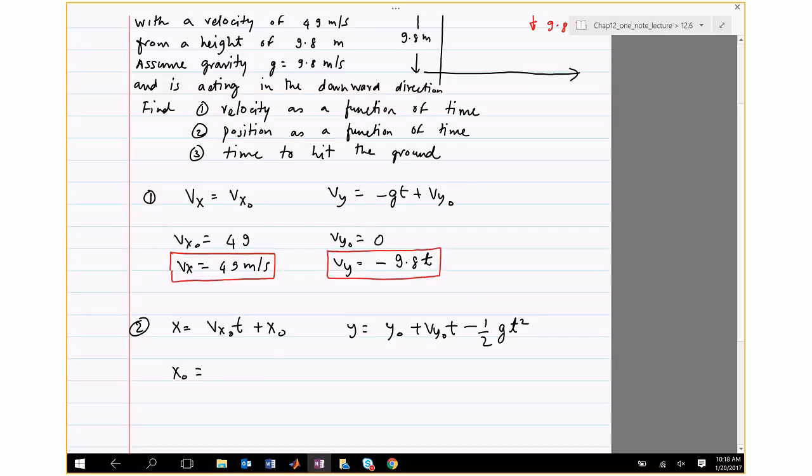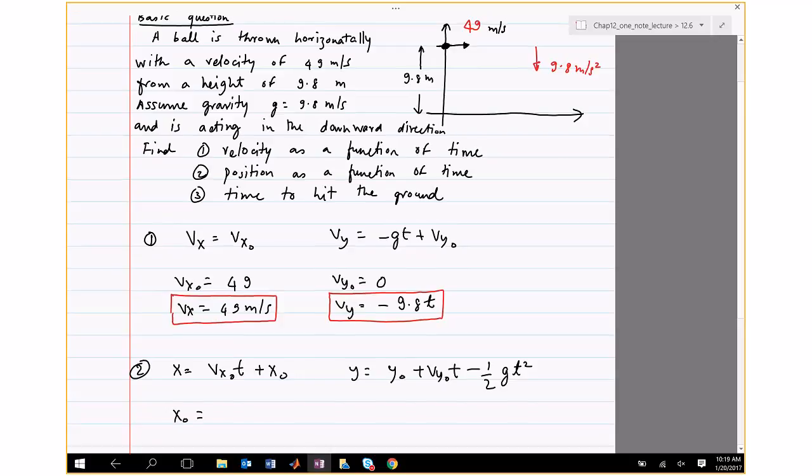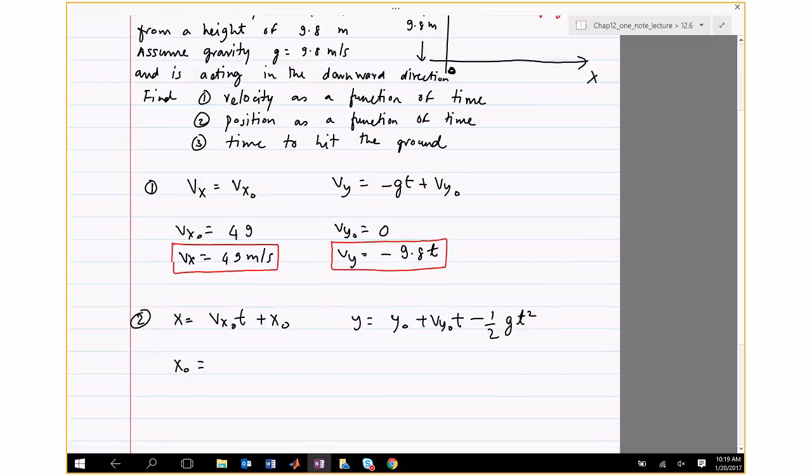So what's the initial position of the particle? The x position is 0, right? Because this is 0 on the x-axis. So x is 49t.